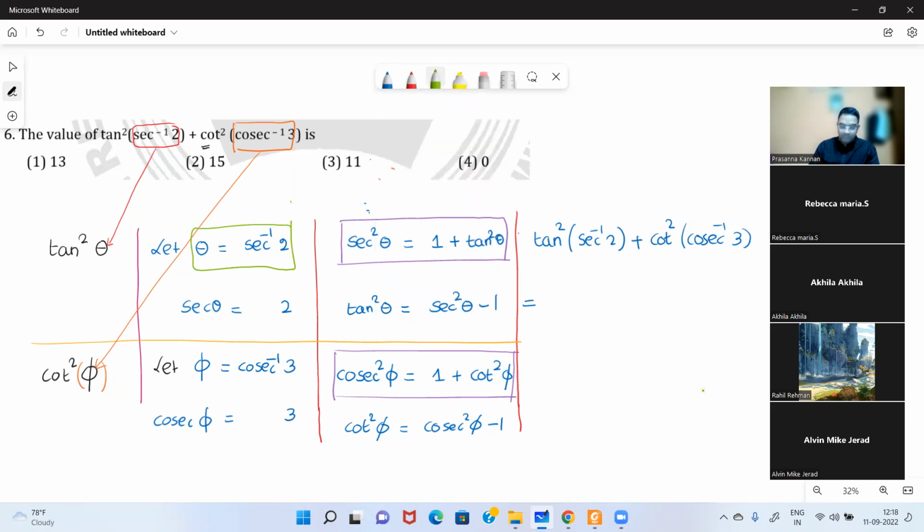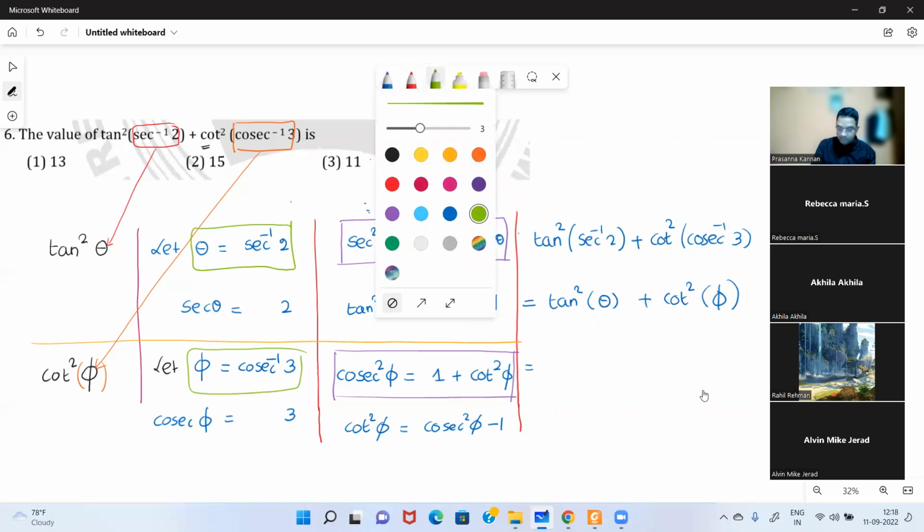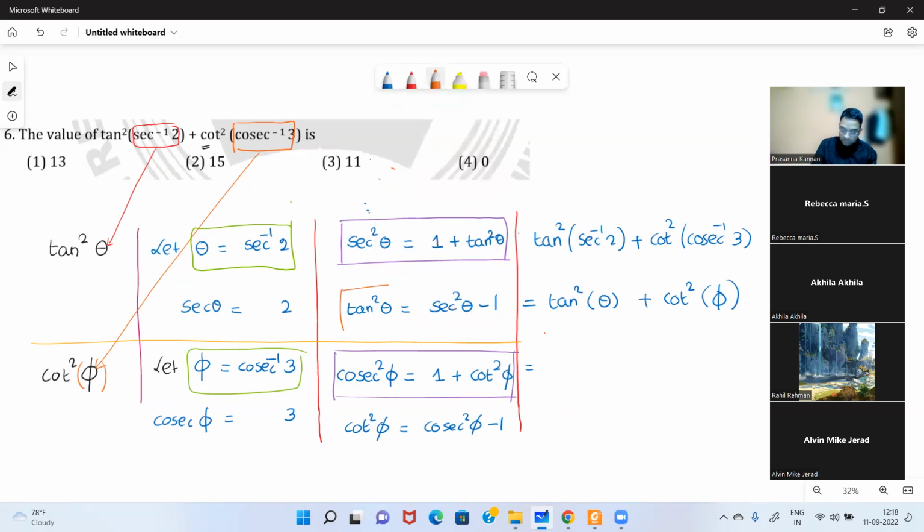We have taken it as theta. Therefore, this becomes tan square theta plus cot square of cosecant inverse 3, which we have taken as phi. But what is tan square theta? It can be written as secant square theta minus 1.